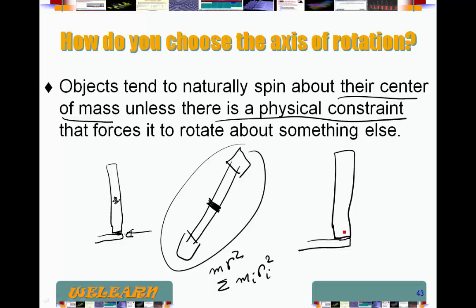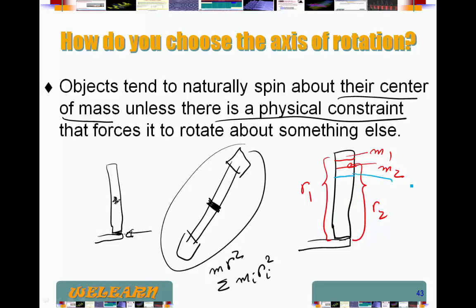When you consider the stick, there is this small mass here, this small part of the stick, let's call it m1. The radius of that small mass, the radius of rotation, is r1. Then there is the small mass m2. The radius for that small mass is r2.